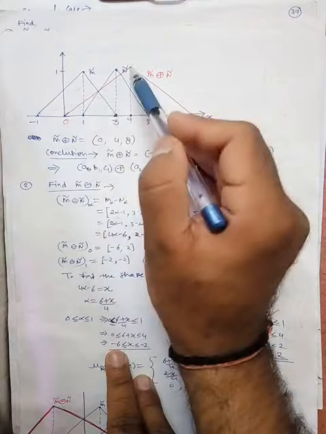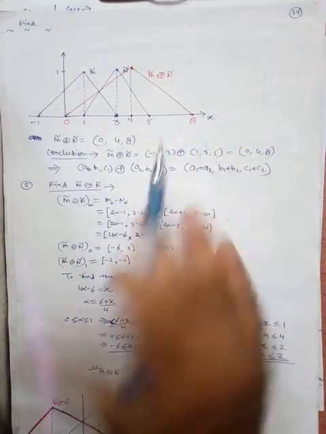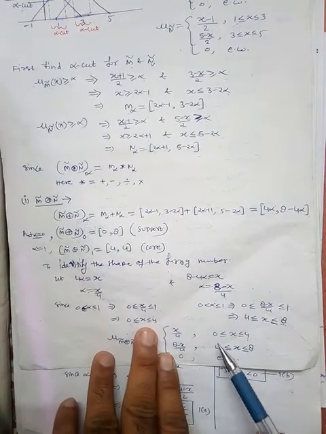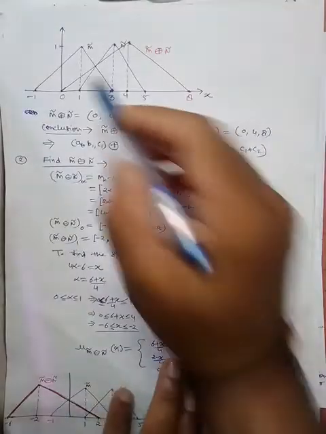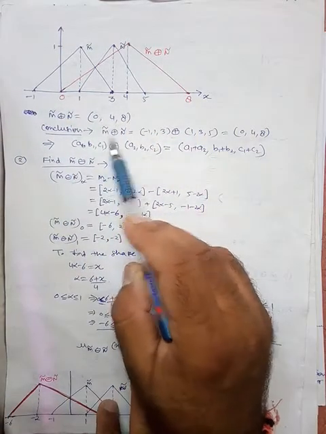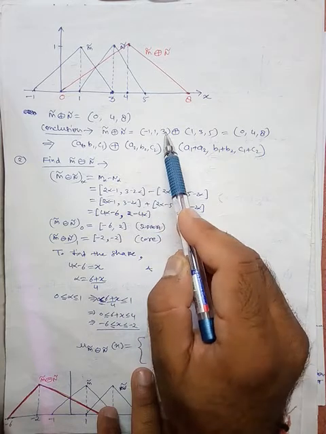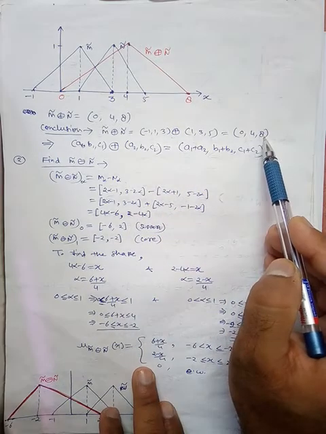If you write down this triangular number, so 0, 4 and 8, this can also be understood here, this triangular number 0, 4 and 8. Okay, so this is written here 0, 4 and 8. So this is the conclusion, m plus n. This is the triangular number m, this is the triangular number n. When you add them, we will get 0, 4 and 8.